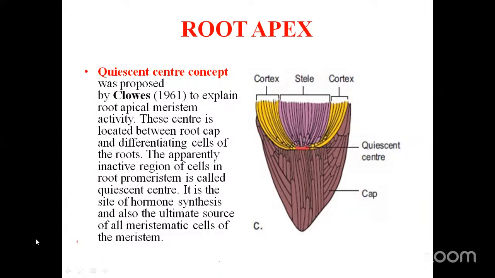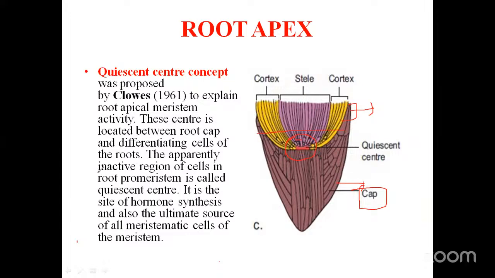For example, this is the root cap, the entire part is the root cap. This is the cell differentiating region, cortex and so on, this entire part. Now this center one is called the quiescent center.